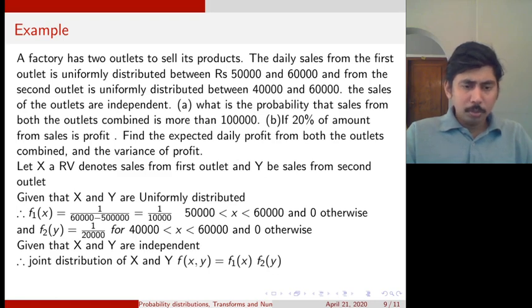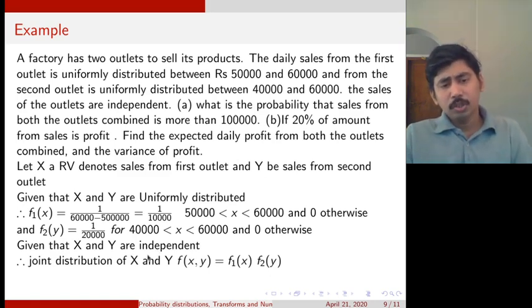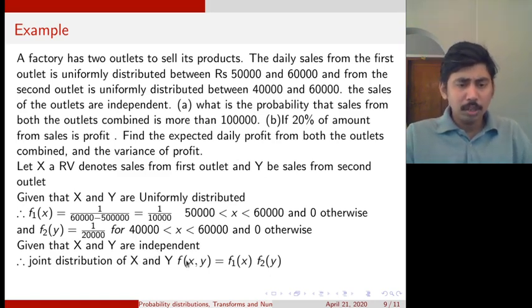And for the joint distribution of x and y, since we are given that x and y are independent, the joint distribution can be calculated as f of x y equal to f1 of x into f2 of y. So we need to multiply these two to get the joint distribution.